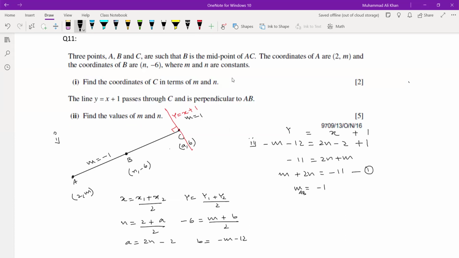So can I say that the gradient of AB equals minus 1? Yes or no? Yes. Are we able to calculate the gradient of AB by using the coordinates, y2 minus y1 over x2 minus x1: minus 6 minus m over n minus 2 equals minus 1? Is this clear?